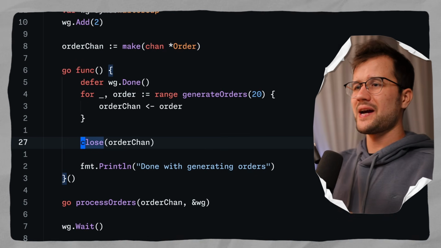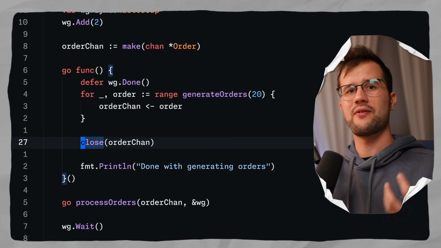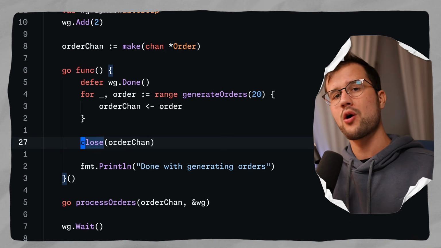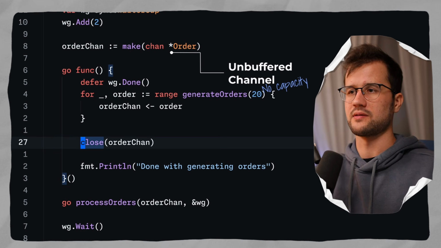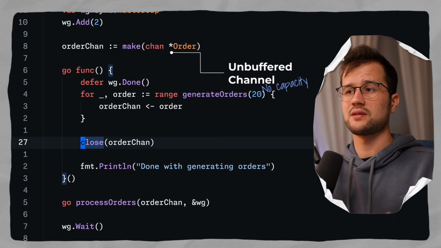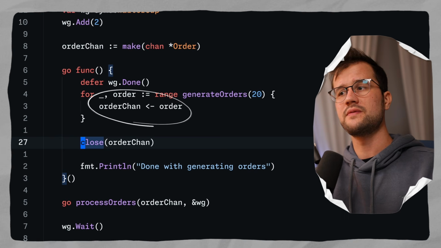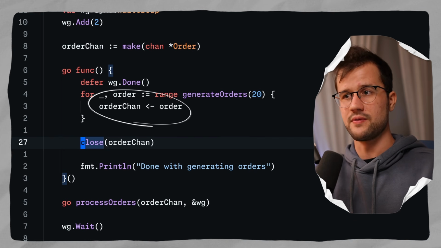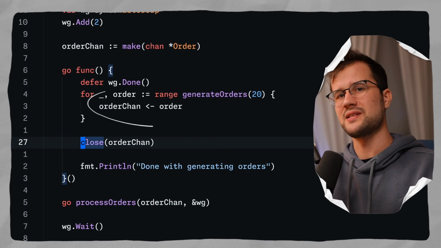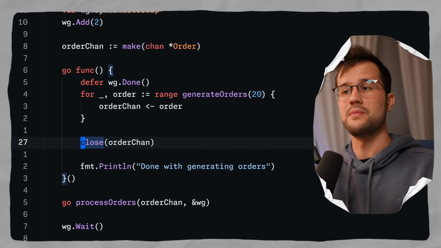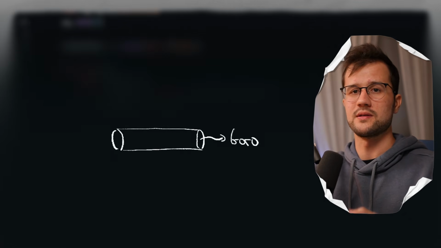All right, now with that in mind, we also have so-called buffered channels. Right now, we only use unbuffered channels. These unbuffered channels are synchronous, so the sender blocks until the receiver is ready to receive the data. You would use them whenever immediate processing and synchronization between Goroutines is crucial.